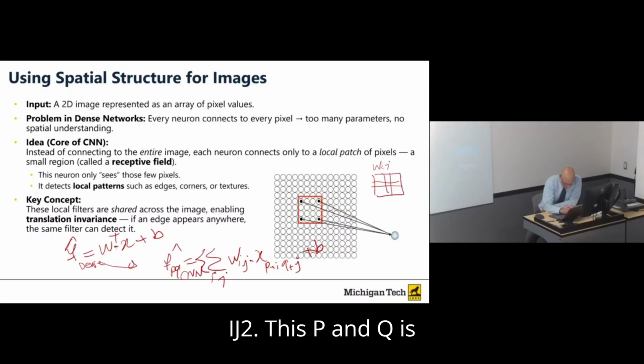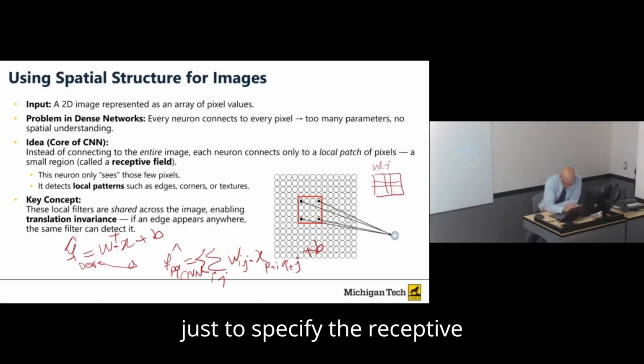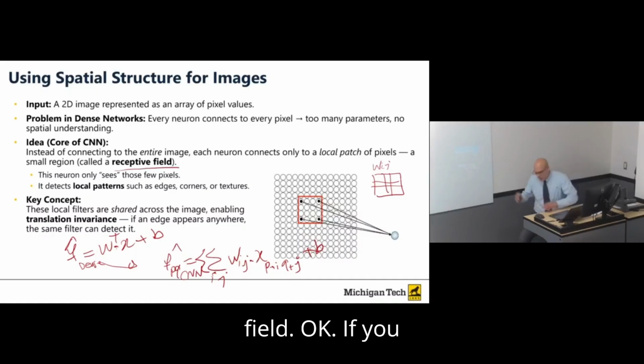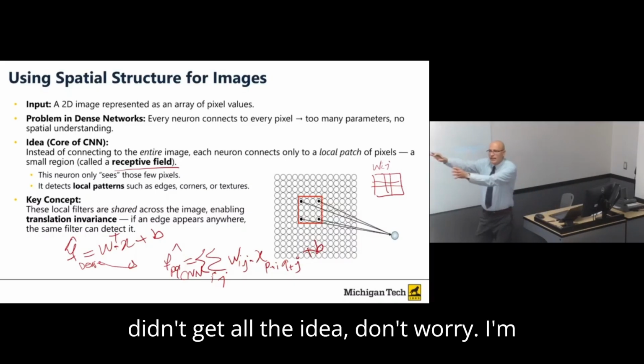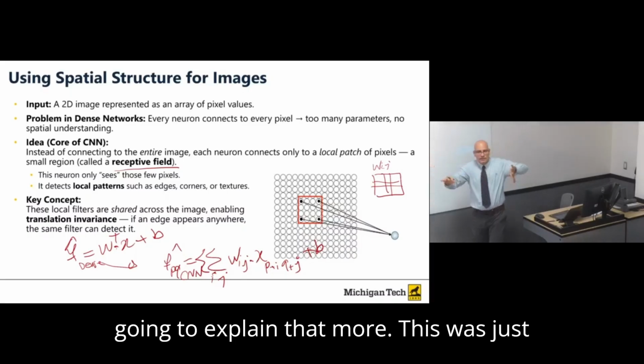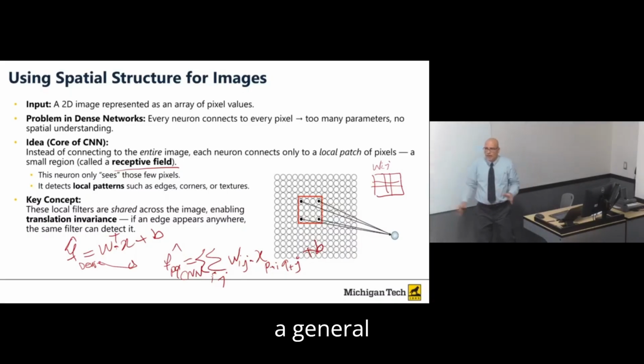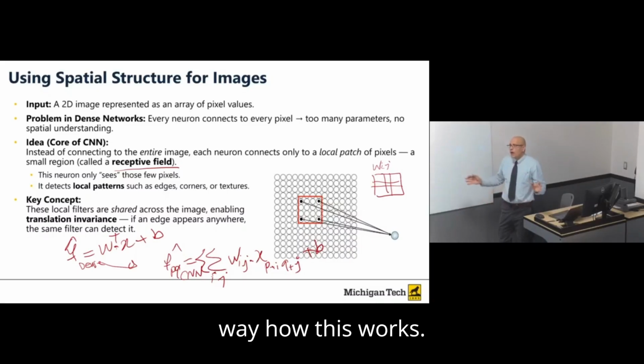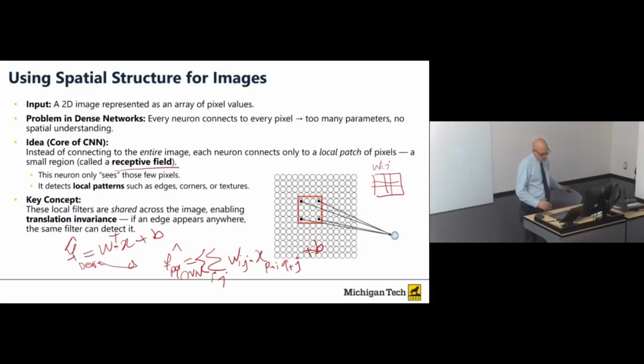This P and Q is just to specify the receptive field. Okay. If you didn't get all the idea, don't worry. I'm going to explain that more. This was just a general way of how this works.